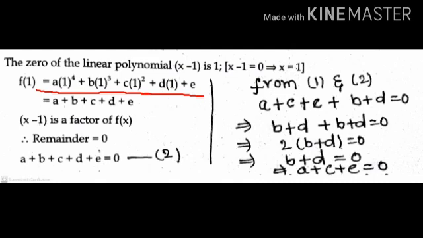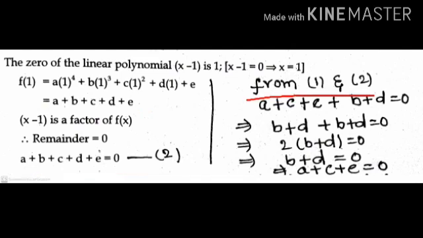That is a(1)⁴ means 1 into a, plus b, 1 cube means 1 into b, plus 1 square means 1 into c, plus d, 1 into d, plus e. Here x - 1 is a factor of f(x), so remainder is 0. That implies a + b + c + d + e = 0. It is equation 2.